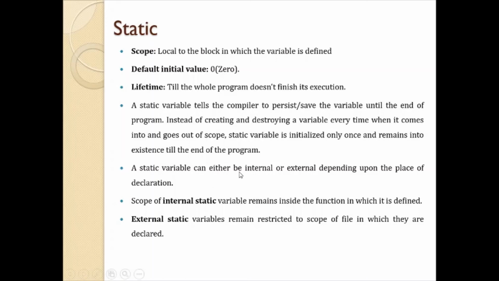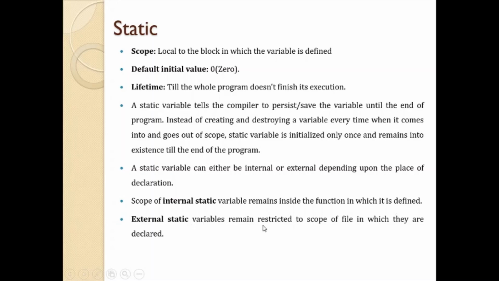A static variable can either be internal or external depending upon the place of declaration. If you are declaring the variable with the static storage class within any function, that is called an internal or local static variable. If you are defining any variable as static in the program outside any function, then it is called an external static variable or global static variable. The scope of an internal static variable remains inside the function in which it is defined.